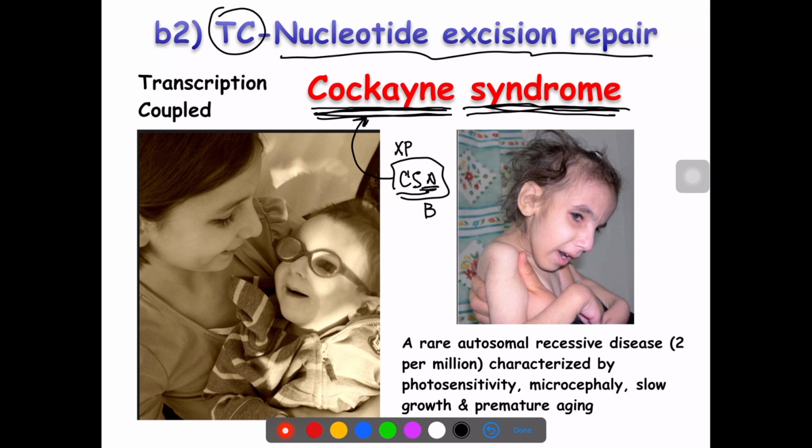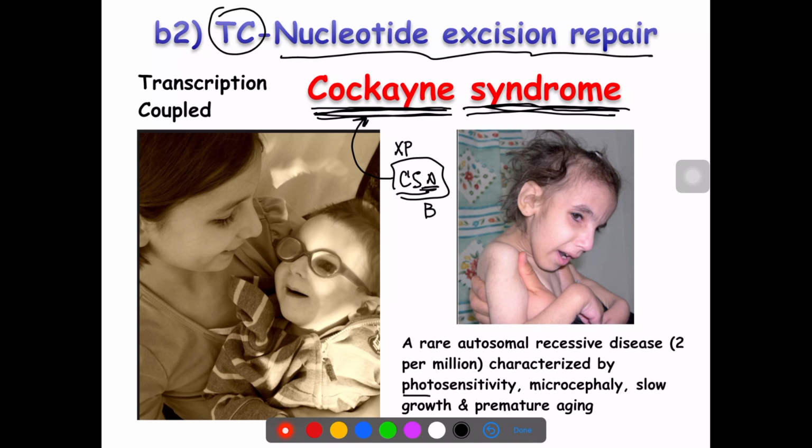Now, Cockayne syndrome is a rare autosomal recessive disease in humans, so the frequency is very low, but individuals that are affected by this syndrome exhibit a very striking phenotype that can be summarized as defects in the development of the central nervous system.